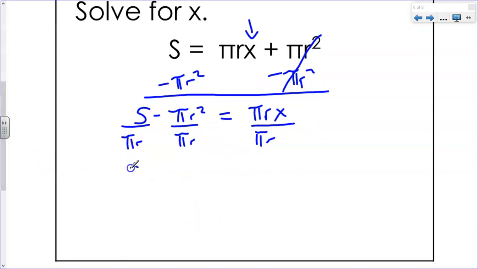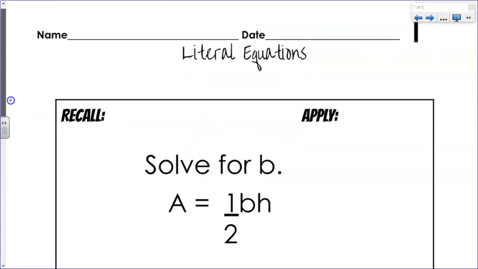So this is going to give me s over pi r. That cancels. What do we do with exponents when we divide? We subtract. So that's going to leave r. Cancel, cancel, equals x. You might want to go back and watch that part again and rework it. Look it over, think about it, make sure you understand. If not, give it a little star up here and then ask questions about it when we get back into class.